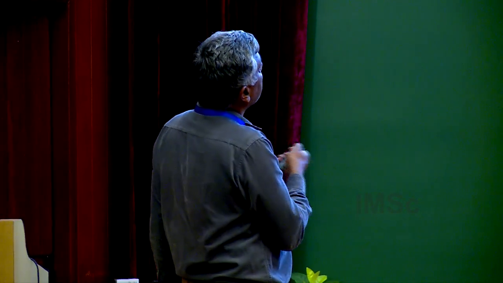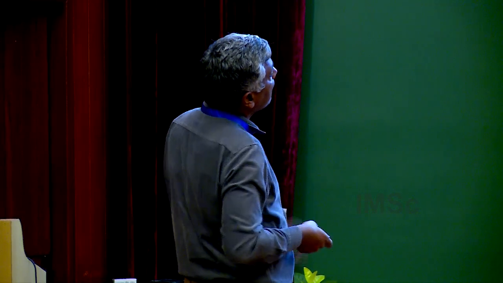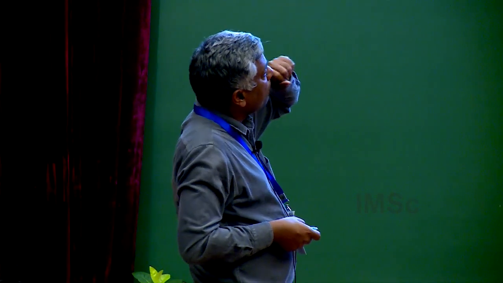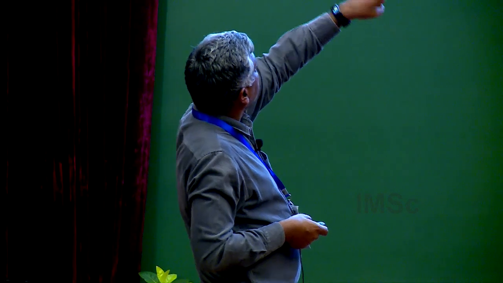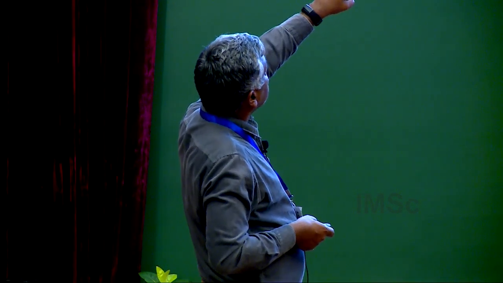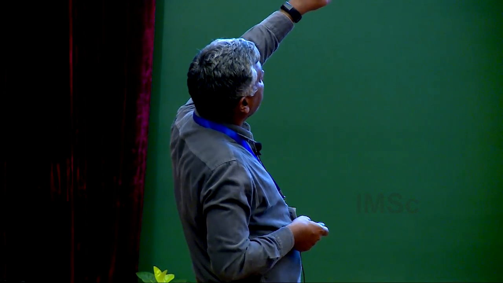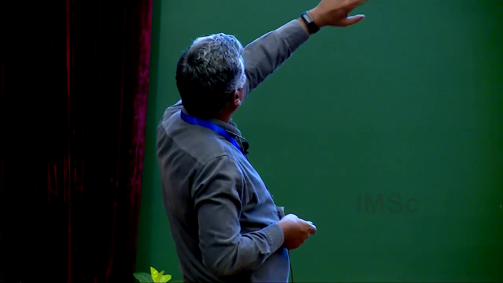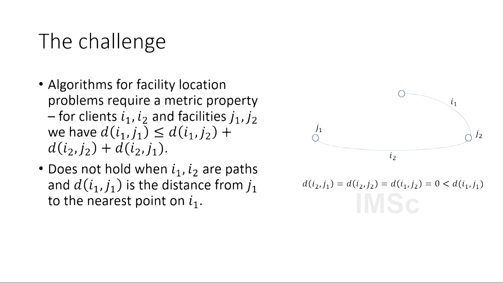You can't say it anymore, and this is a very simple example to show that here on the right. So you have two paths, I1 and I2, and two clients, J1 and J2. I think I interchanged the notation for clients and paths, but nevertheless, you have two paths, I1 and I2, and two clients, J1 and J2. J1 sits on I2, and J2 also sits on I2.